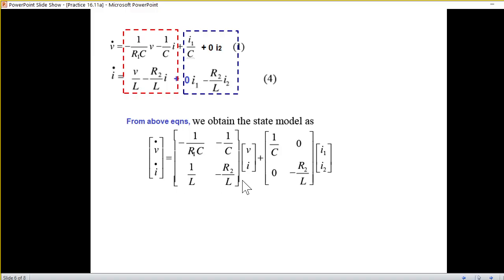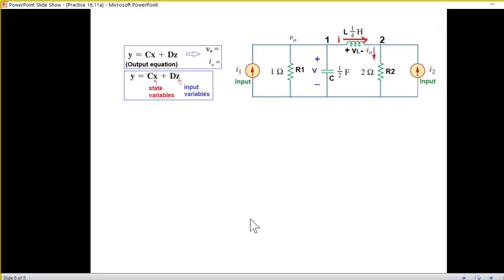I hope you know how to write the matrix form. Plus same here, we write the coefficient 1 over C, then 0 and minus R2 over L, and the variables I1, I2. So this is the state model for the given circuit.